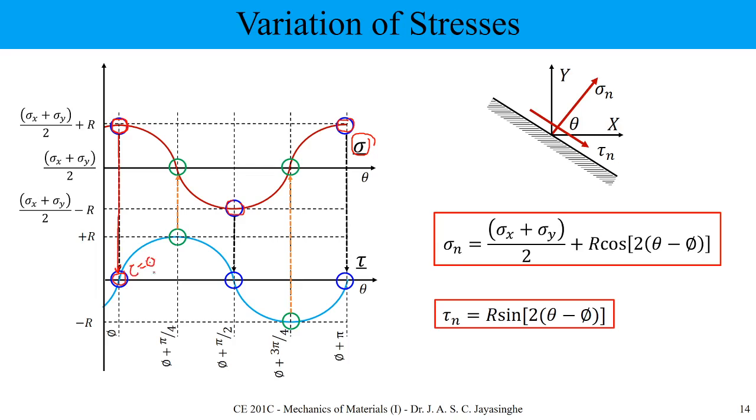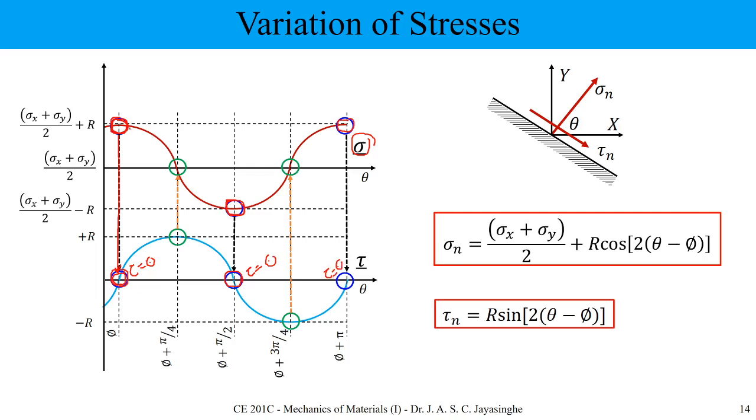That means when we see the maximum normal stress at that plane or that direction, the shear stress gives 0 value. It happens at the minimum also. At the minimum normal stress, our shear stress is going to 0 as well.